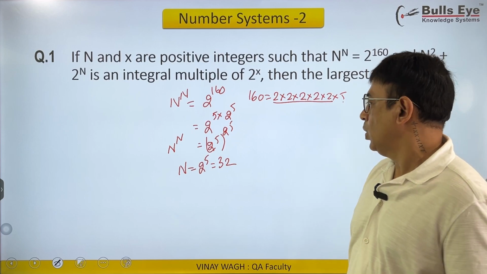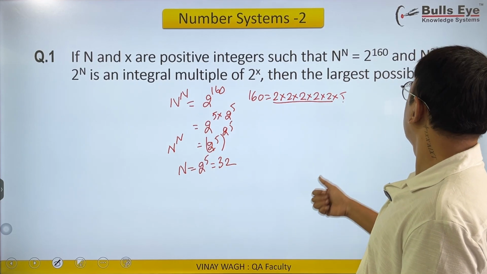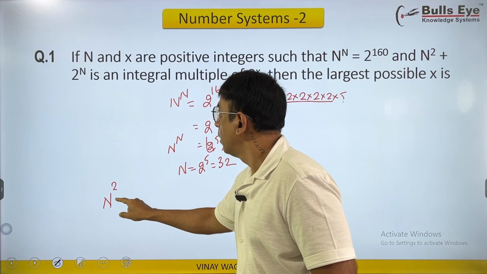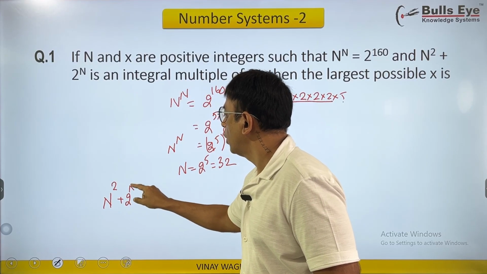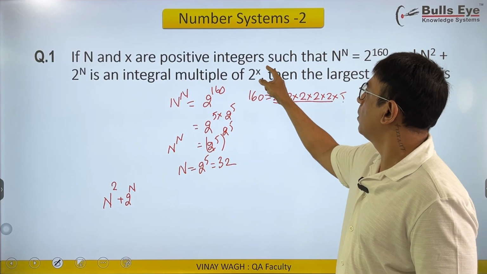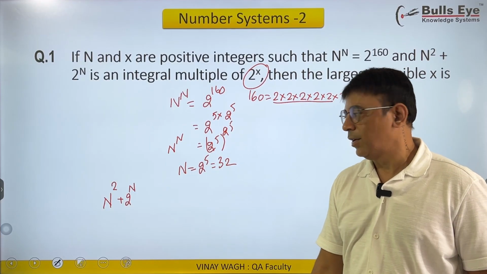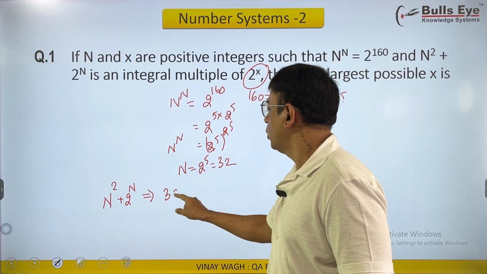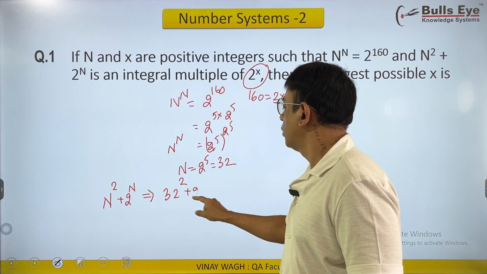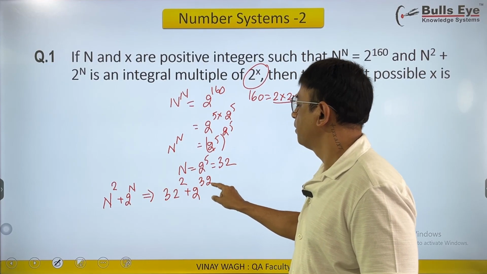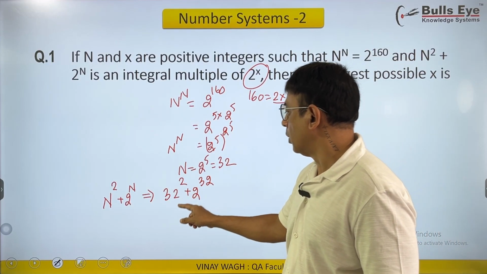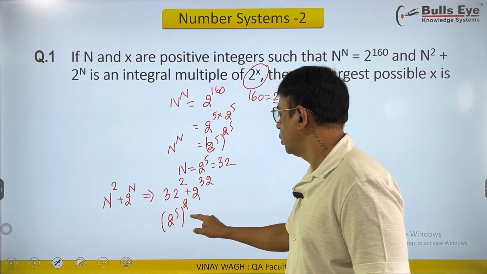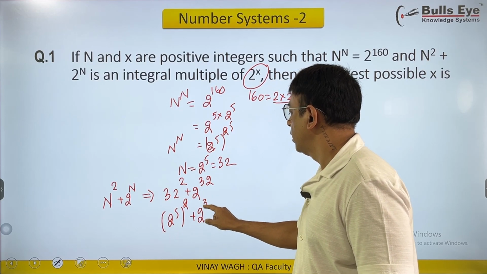Nice. So we have found n as 32. Now the next point is n square plus 2 raised to n is an integral multiple of 2 raised to x. So I'm simply substituting the value of n, that's 32 square plus 2 raised to 32. 32 can be written as 2 raised to 5, that's further raised to 2, plus 2 raised to 32.